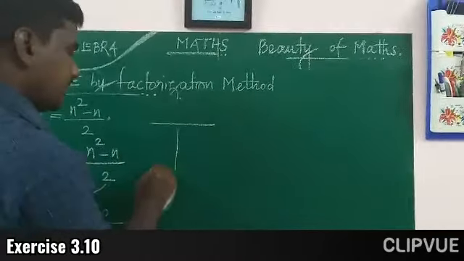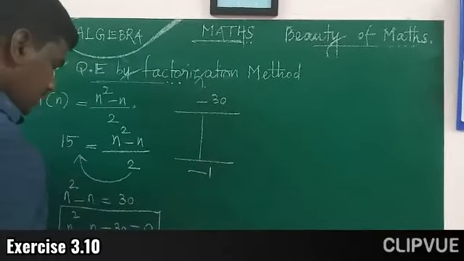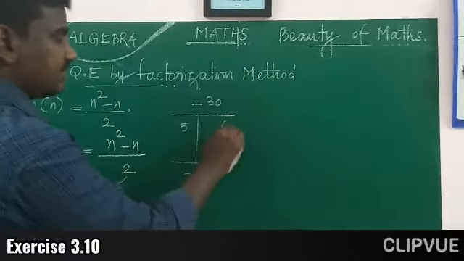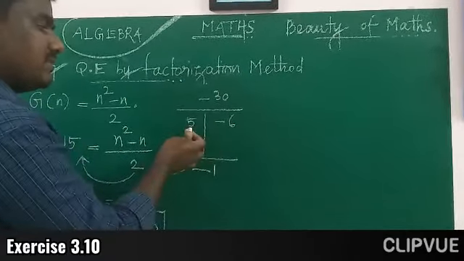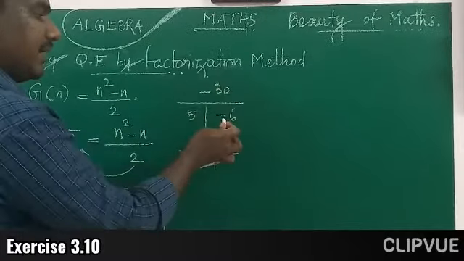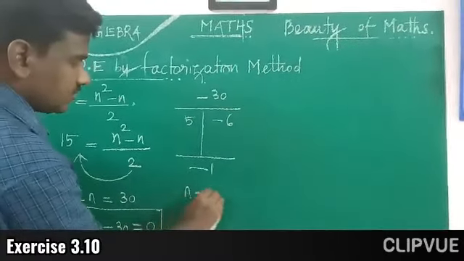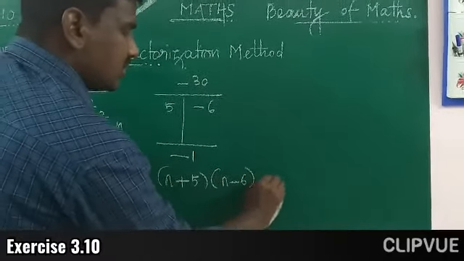Here the product of two numbers is minus 30 and the sum is minus 1: 5 and 6. Minus 6 times 5 equals minus 30, and minus 6 plus 5 gives minus 1. Here the variable is n, so (n plus 5)(n minus 6) is equal to 0.